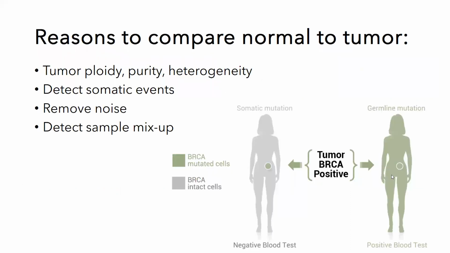Then we talked about the challenges of sequencing tumor DNA because the tumor genome is completely fragmented. Each cancer cell has its own genome, and sometimes we sequence the DNA from adjacent normal cells. So the usual practice when we want to detect somatic variants is to compare tumor to its paired normal DNA.